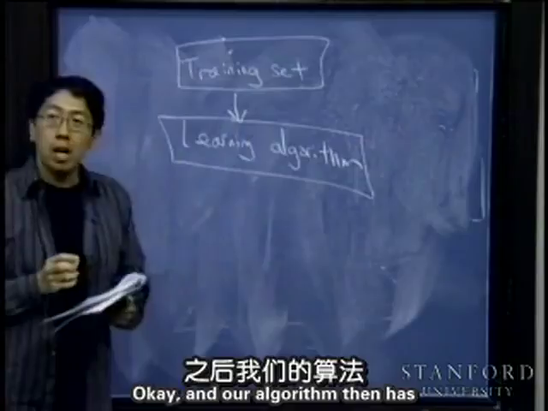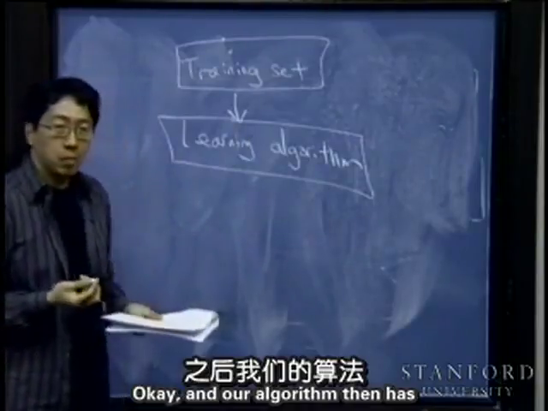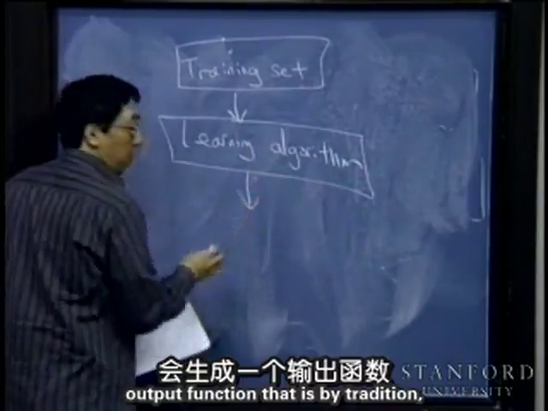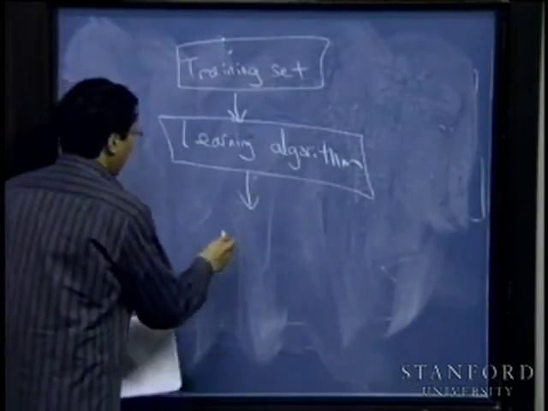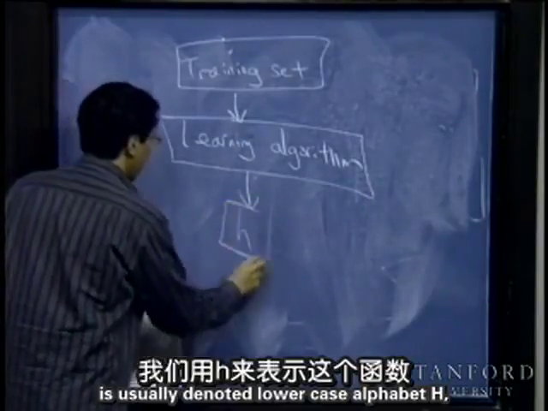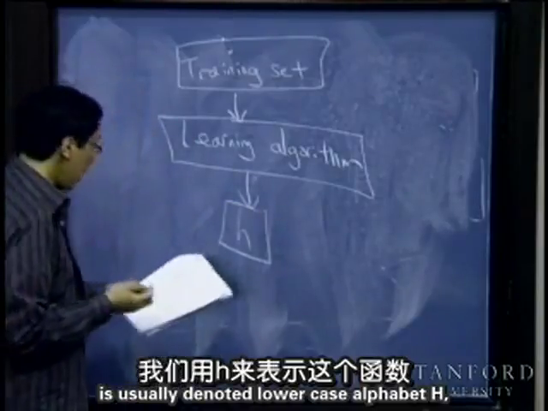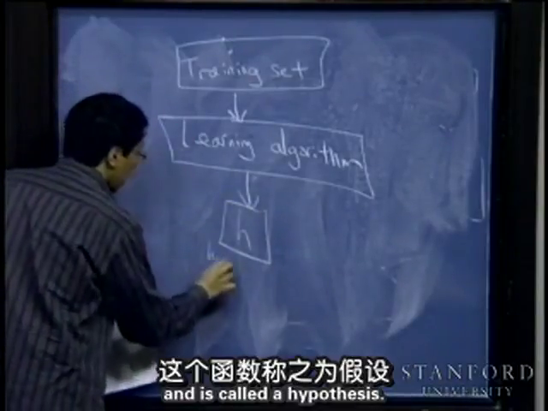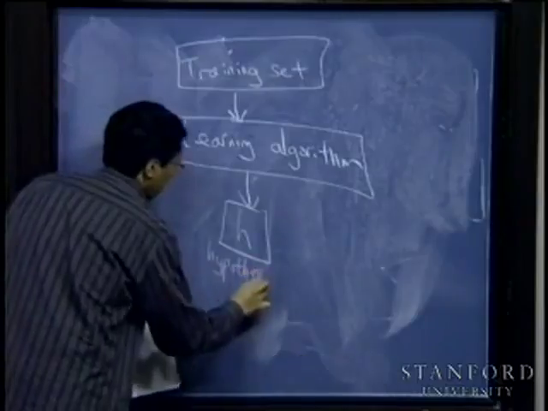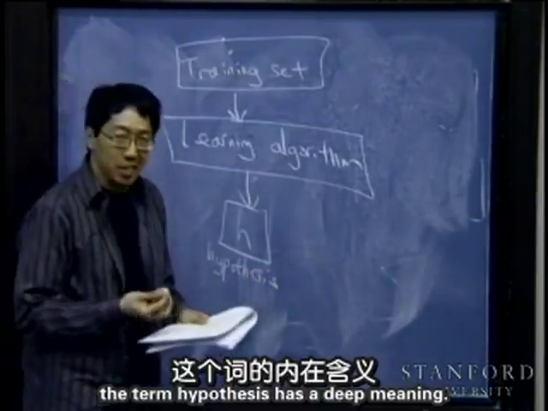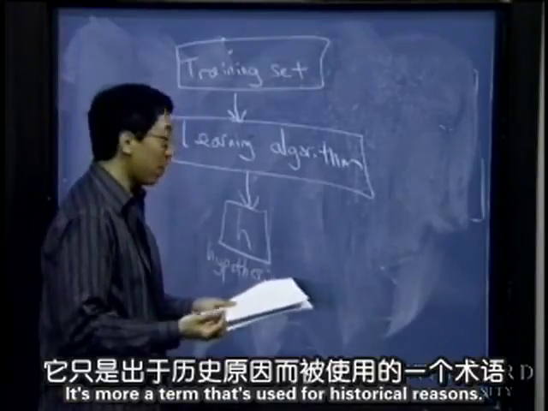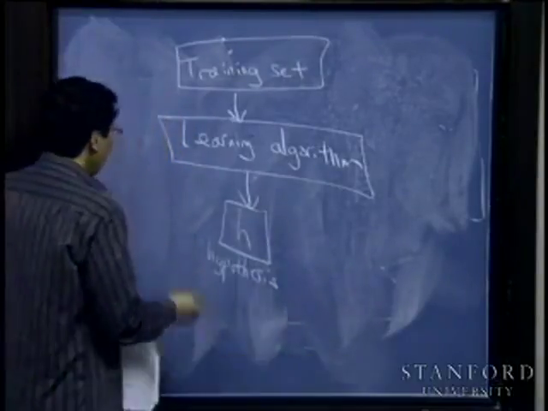Okay, and our algorithm then has to output a function that, by tradition and for historical reasons, is usually denoted lowercase h and is called a hypothesis. Don't worry too much about whether the term hypothesis has a deep meaning. It's more of a term that's used for historical reasons.